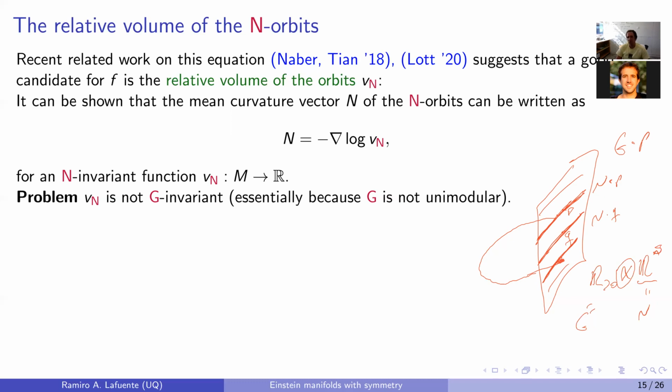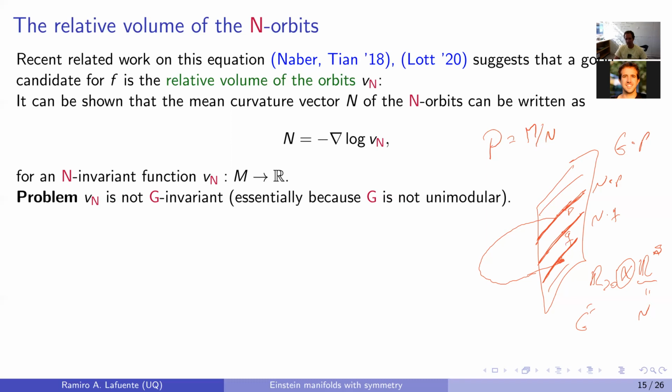So it cannot be used for our purposes because we won't be able to apply any maximum principle, essentially because M mod N is non-compact. So no maximum principle there. No integration. If you want to use the divergence theorem, or some other arguments, nothing will work. Nothing. There are counterexamples to any such statements.